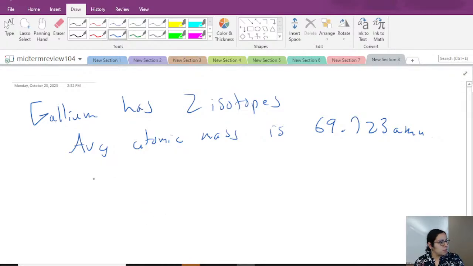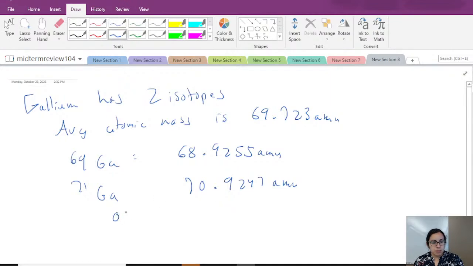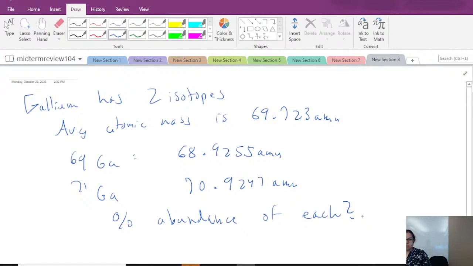And the 2 isotopes are gallium-69, which has a mass of 68.9255 AMU, and gallium-71, which has a mass of 70.9247 AMU. And so given this, what is the percent abundance of each? So see if you can try to figure it out, but otherwise we'll go over the trick so you'll be ready for your exam.